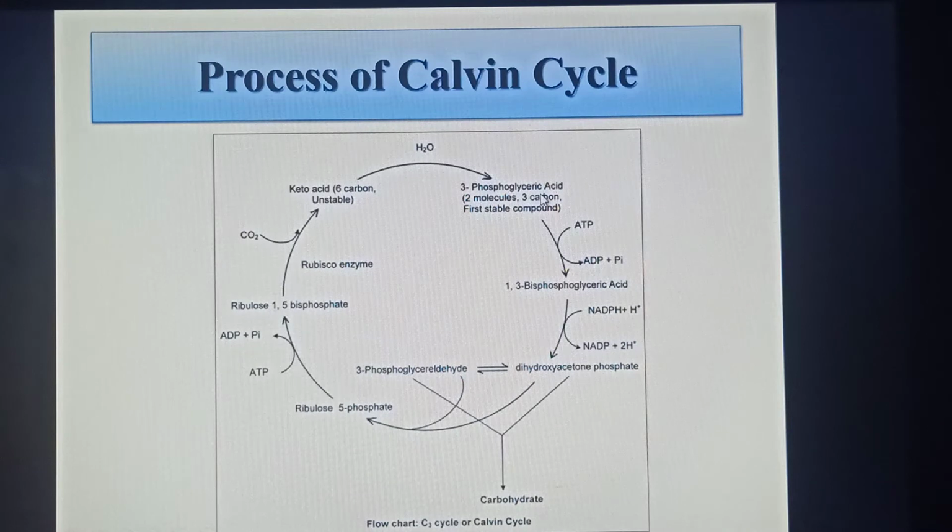This 3-phosphoglyceric acid is the first stable compound of the light independent phase of the Calvin cycle, and for this reason the Calvin cycle is also called the C3 cycle, and the plants which follow this cycle during their carbohydrate production are called C3 plants.